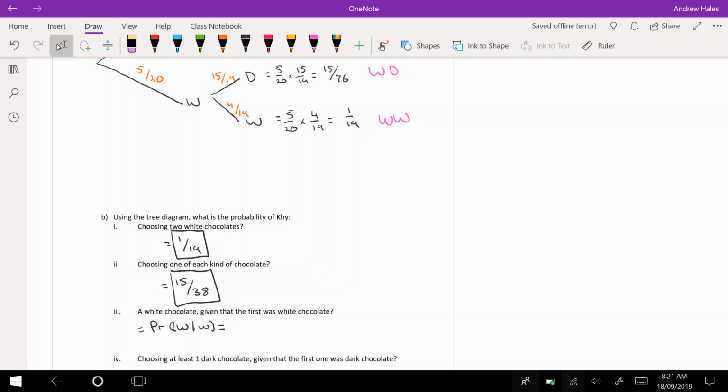Well, the probability of white and white is my 1 out of 19, and my probability of choosing a white the first time is 5 out of 20. So that is going to give me 4 out of 19.